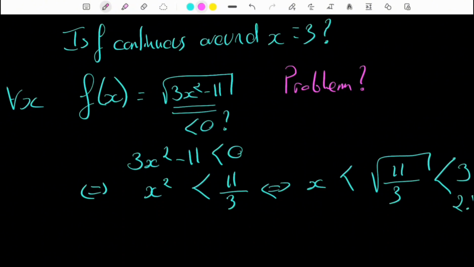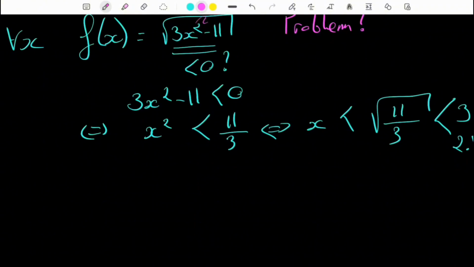So we have got what we were looking for: an interval around 3, an interval where f is continuous.